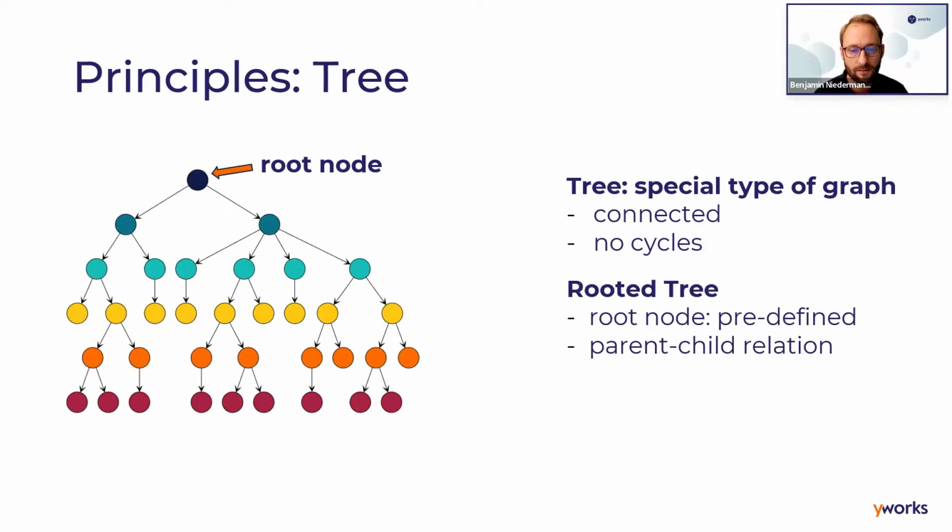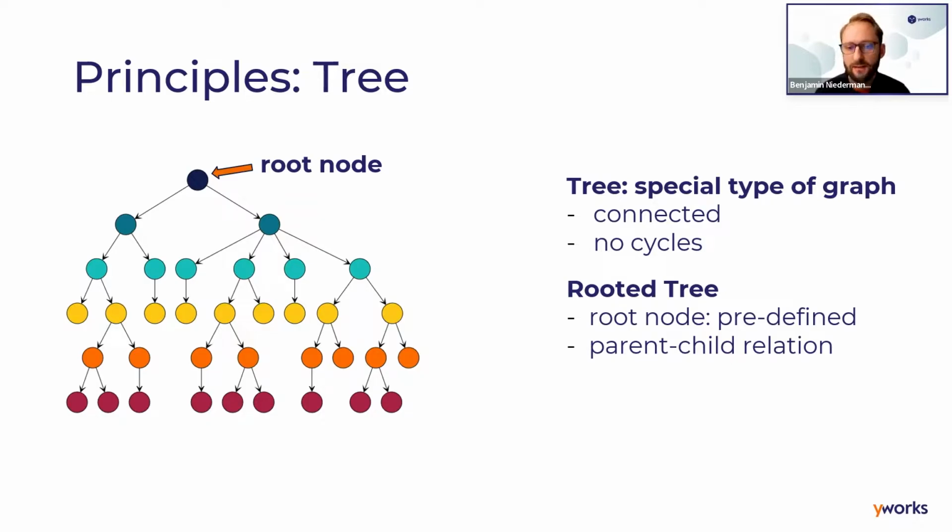Another thing that I would like to define is the rooted tree. If you consider hierarchic data, for example, that is based on a tree, there's typically one node at the top that is most important. Then this node is split into further child nodes, which are less important, and so on. And this gives you the hierarchy. This topmost node in this hierarchy, we call the root node, and this root node is predefined.